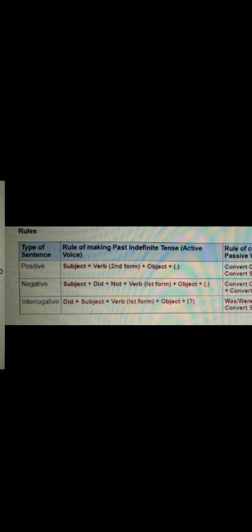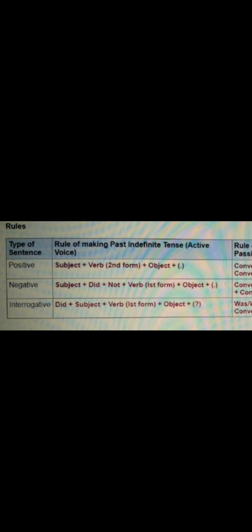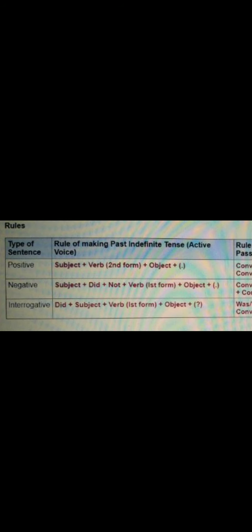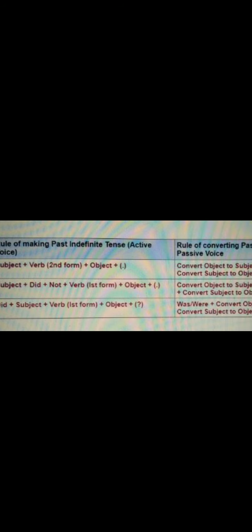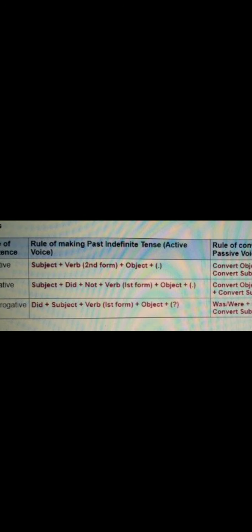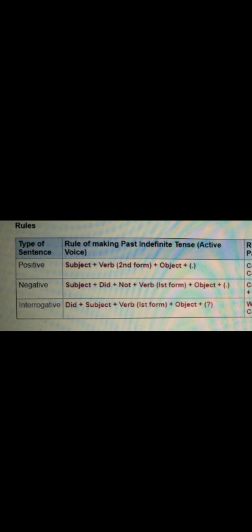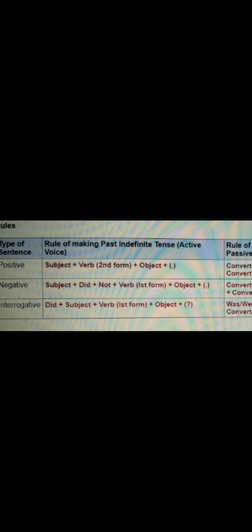Some formulas or structures are mentioned here. You can see, girls, types of sentences: positive, negative, or interrogative. Rules of making past indefinite tense active voice and rules of converting it into passive voice. In active voice, first of all we write subject, then second form of verb, object, then full stop.